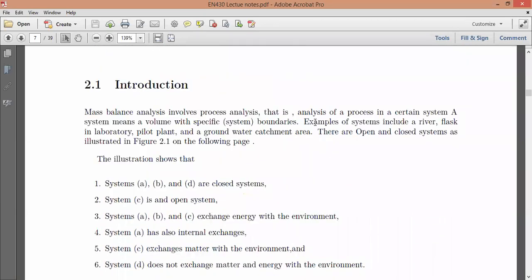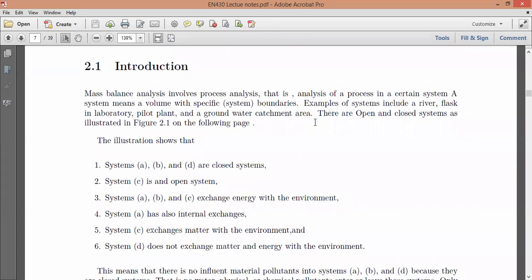Okay, so mass balance, what is mass balance? Mass balance analysis involves process analysis. So you're basically analyzing a process in a certain system, and the system means a volume with specific system boundaries. Examples of systems include a river, a flask in a laboratory, a pilot plant, and a groundwater catchment area.